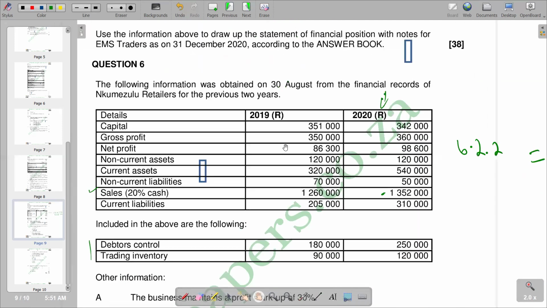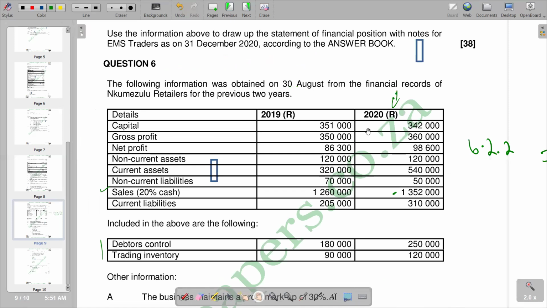Obviously, we are using the figure for the current year, which is 2020. So our sales figure for 2020 is 1,352,000. Then we subtract the gross profit figure, which is here, which is 360,000.